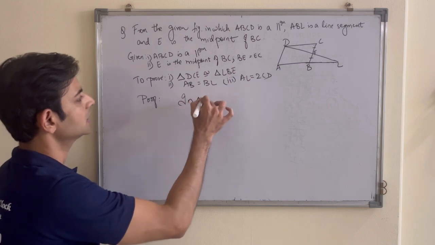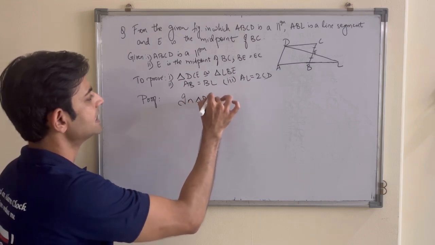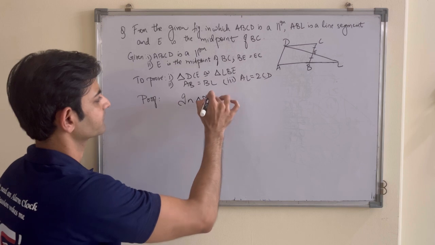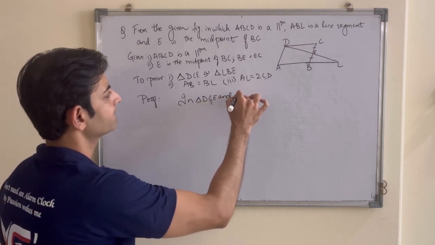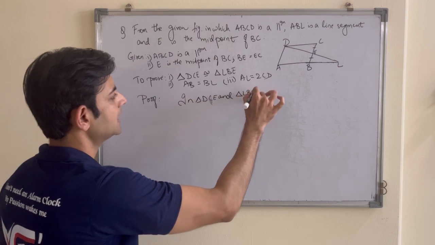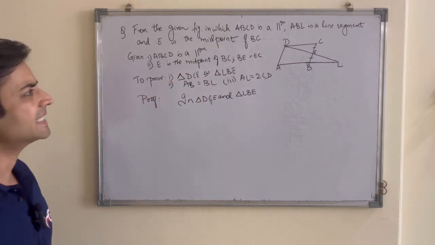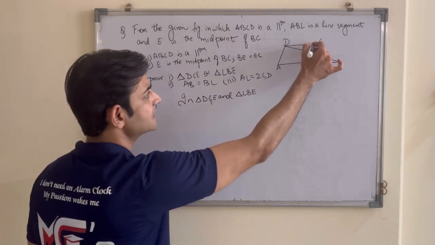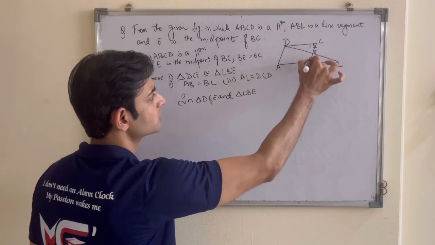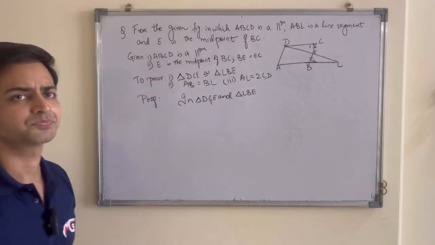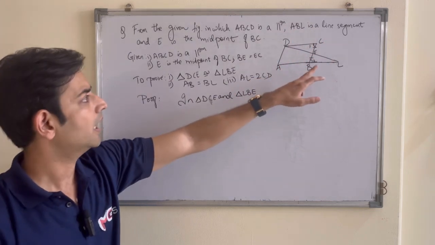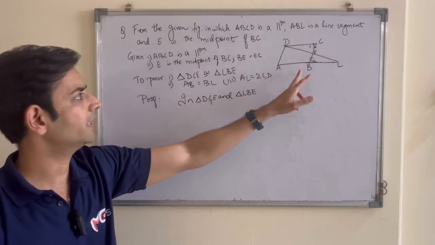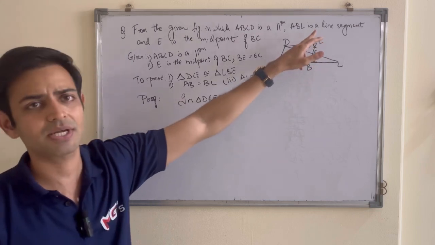In triangle DCE and triangle LBE, I can say angle 1 is equal to angle 2, because CD is parallel to BL, CD is parallel to AB and BC is the transversal.